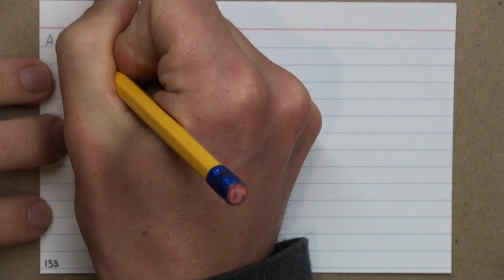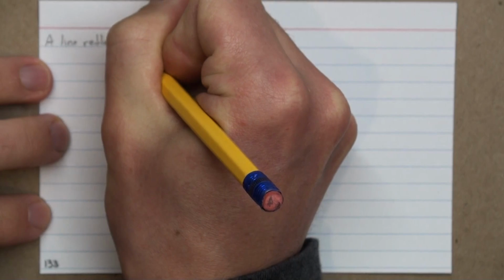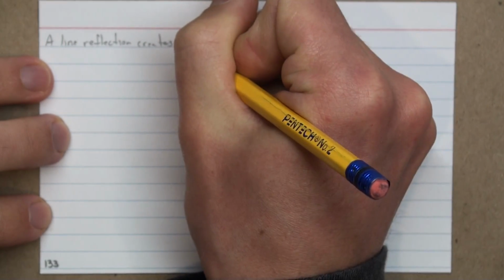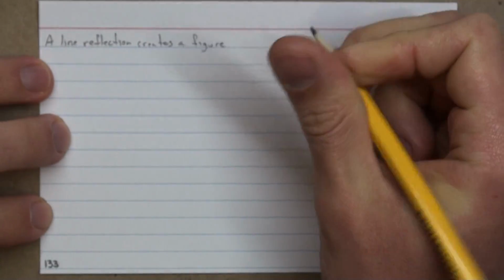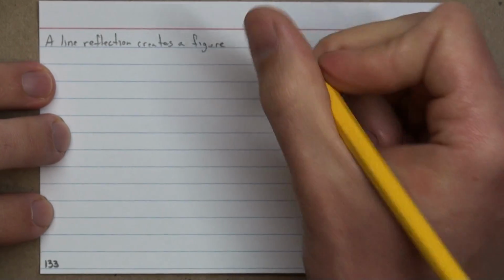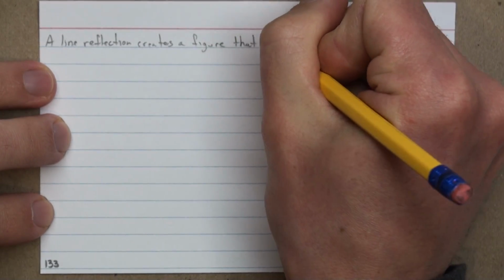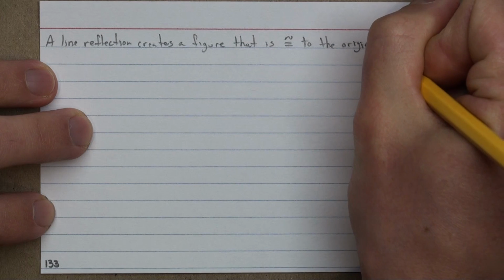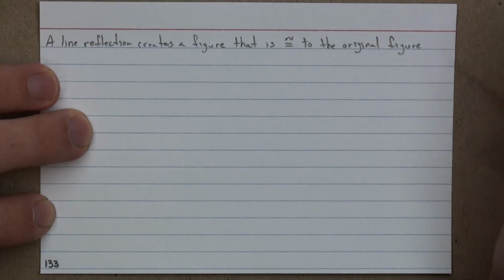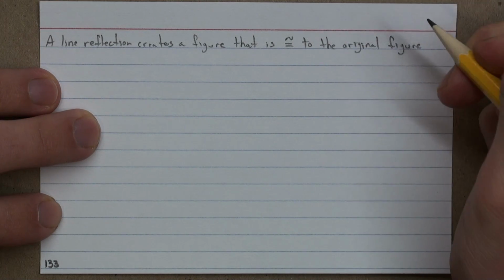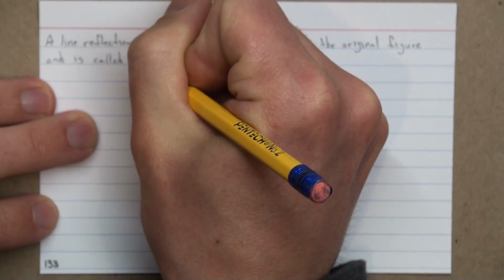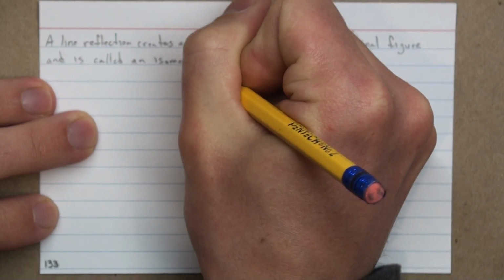A line reflection creates a figure that is congruent to the original figure and is called an isometry.